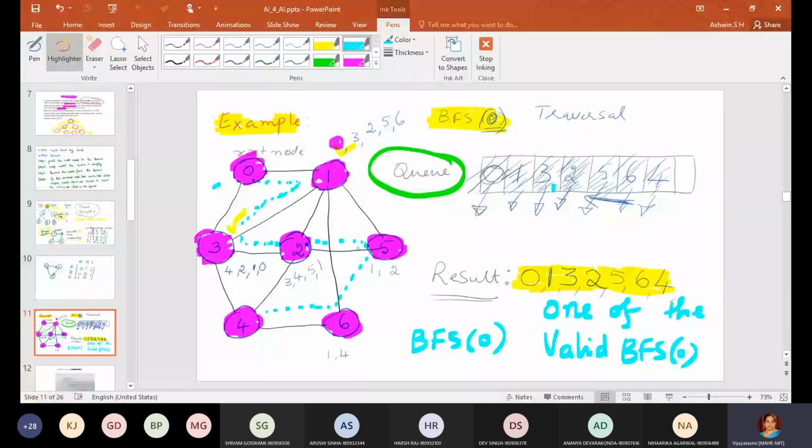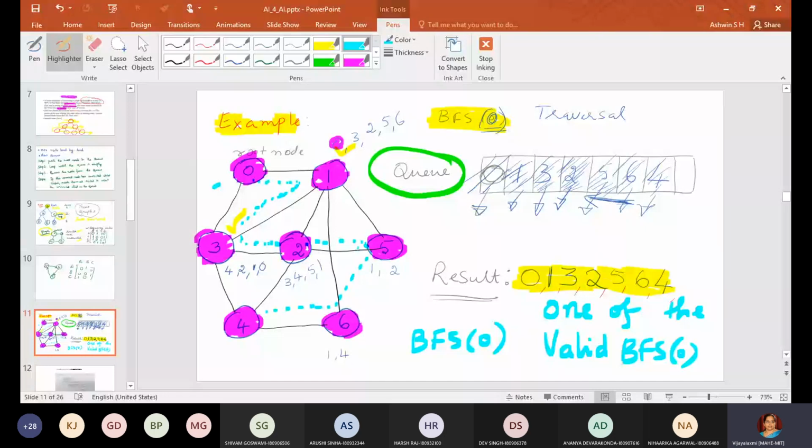So the order may change. After that, for example, I write 2 5 6, you may write 5 2 6 or 6 5 2. The order changes, but please note that the level will be the same. That level will be maintained: from level 0 to level 1, to the second level, third level, even if there are n number of levels. This is the simple example I have taken.